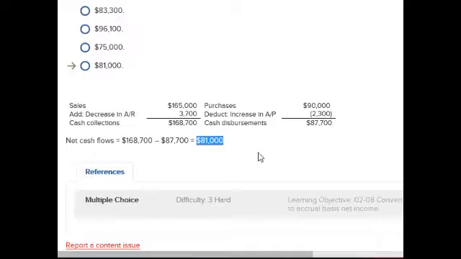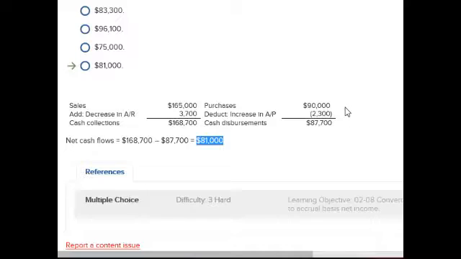This is the answer. And the way the writer of this problem explained it was, from the sales, they just added the decrease in AR, meaning 3,700, the difference between beginning and ending balance of AR, and then they called it collection.